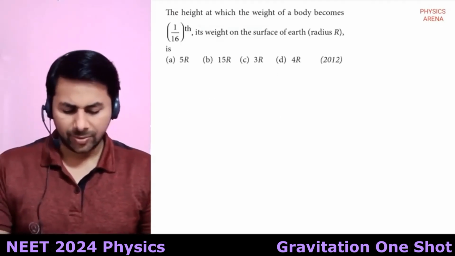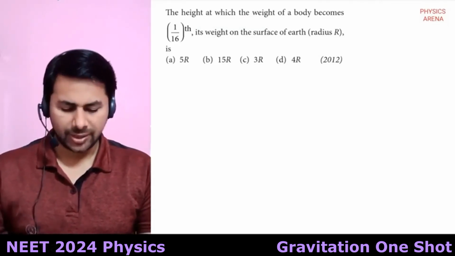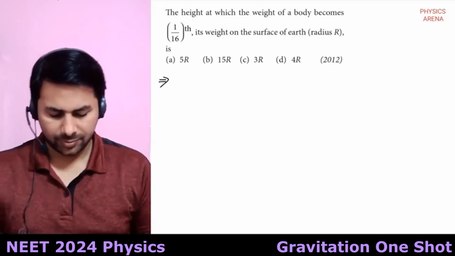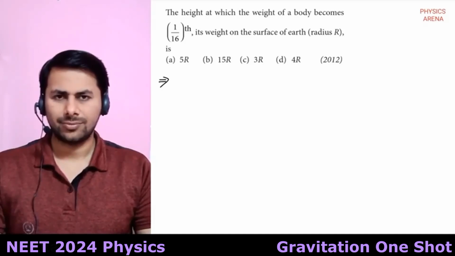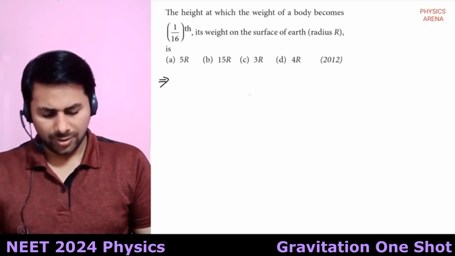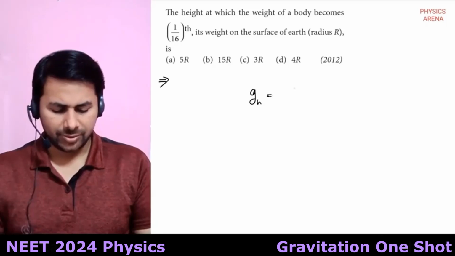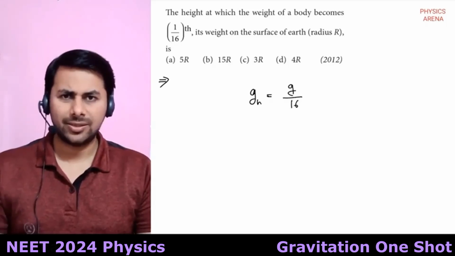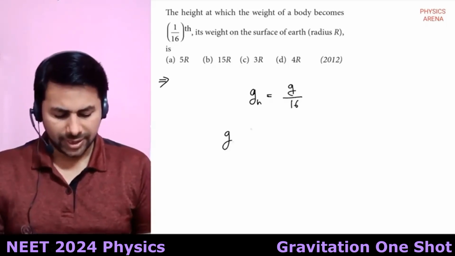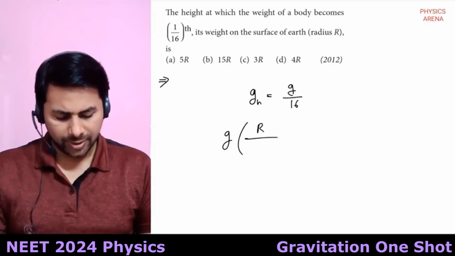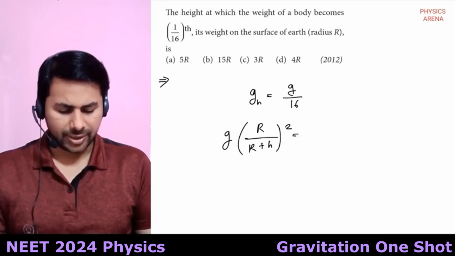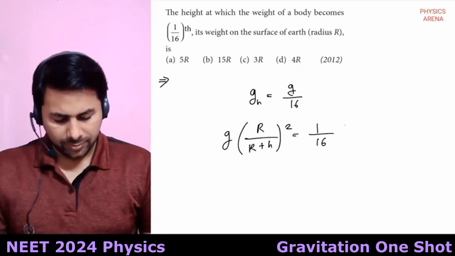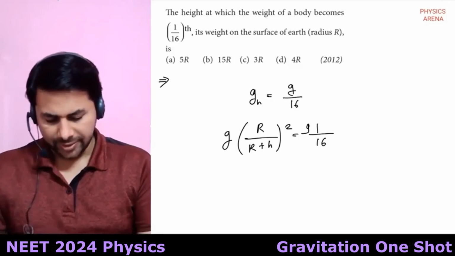The height at which the weight of a body becomes 1/16 of its weight on the surface of Earth. Okay, so gh is equal to g by 16, because weight becomes 1 by 16, right? So it is g times R upon R plus h, whole square, is 1 by 16. The g will get cancelled, right?